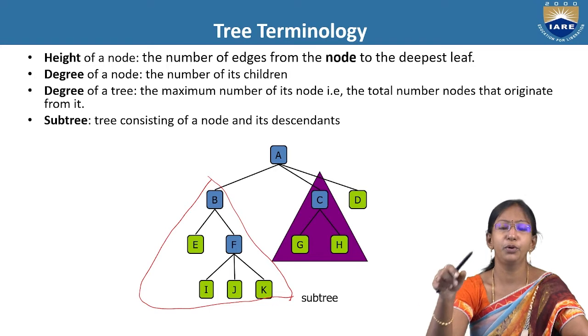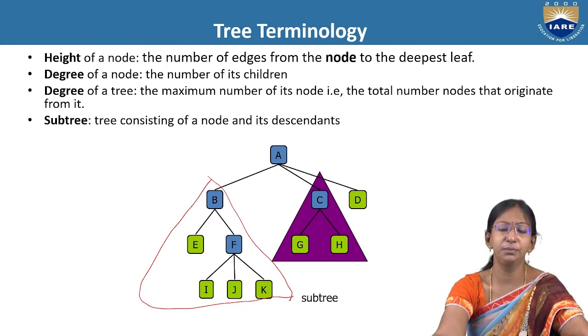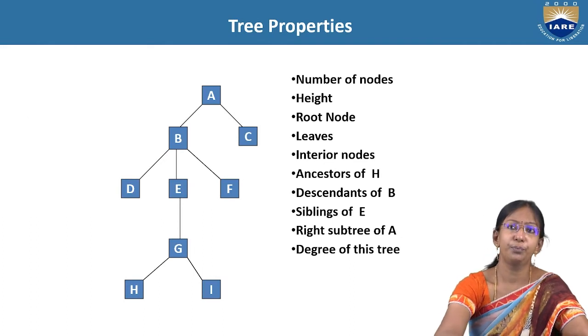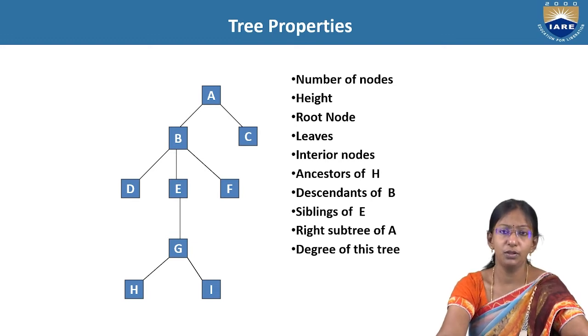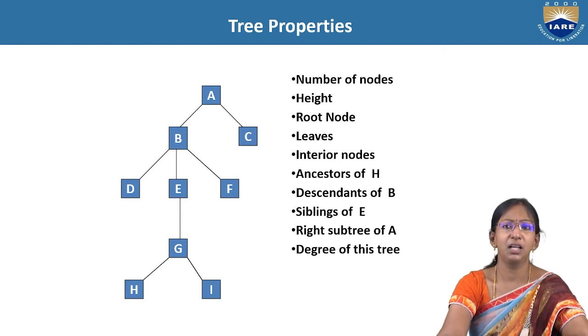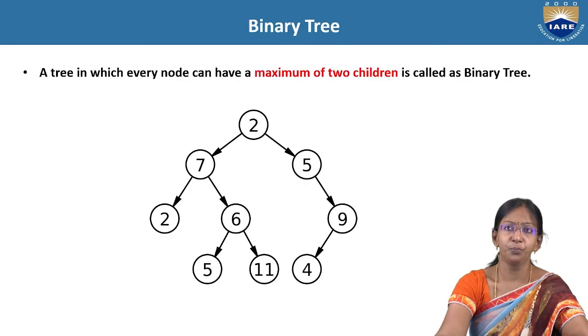Okay? I hope you understood the basic terminology of trees. Right. So, basic properties of trees: the number of nodes, the height, what is the root node, the number of leaf nodes, interior nodes, the ancestors, descendants, siblings, the right subtree, left subtree, or degree of the tree, all are the basic properties of any tree.